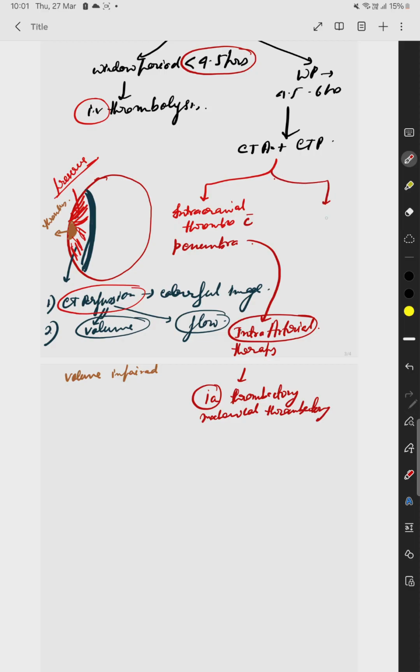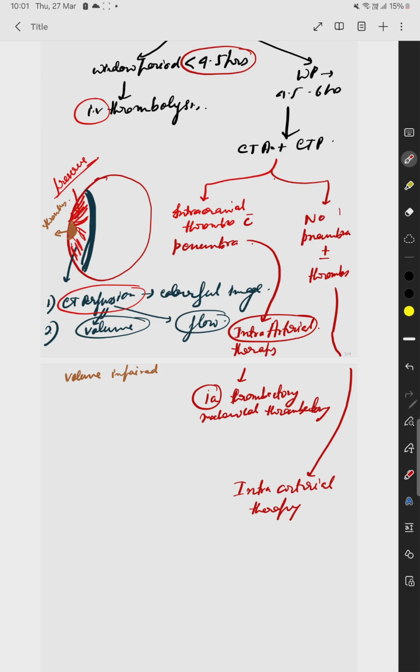Now if we do not see any penumbra, plus or minus thrombus, then there is no point in doing intra-arterial therapy. Because no penumbra means what? The blood supply of this area has also gone.